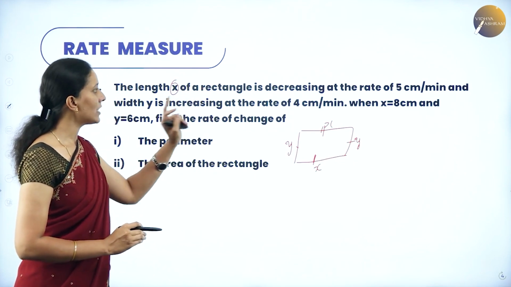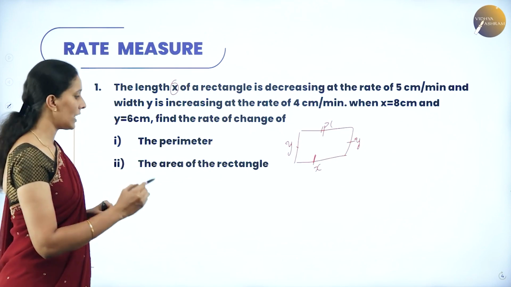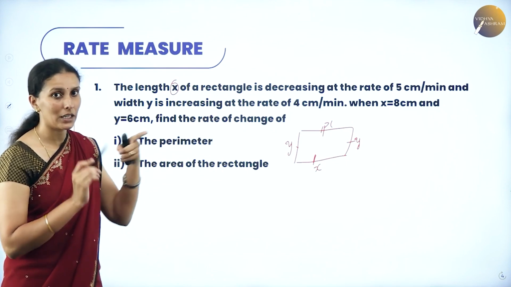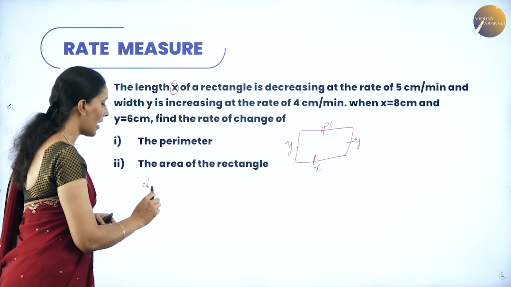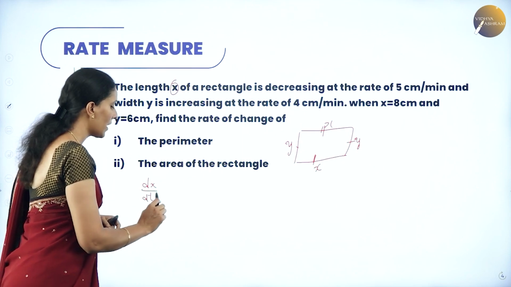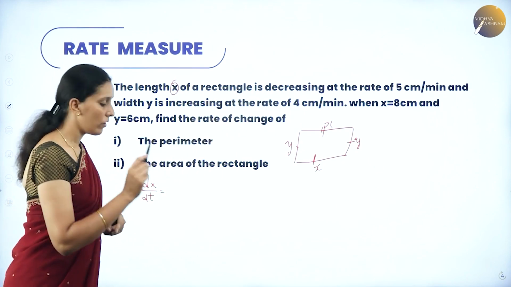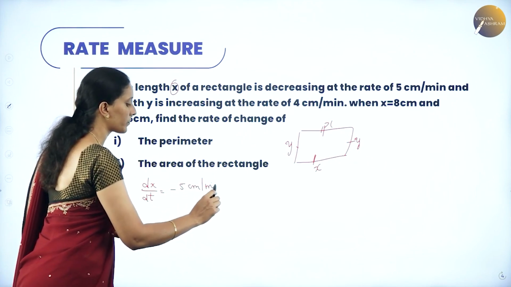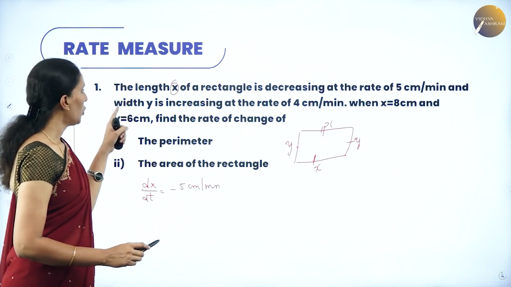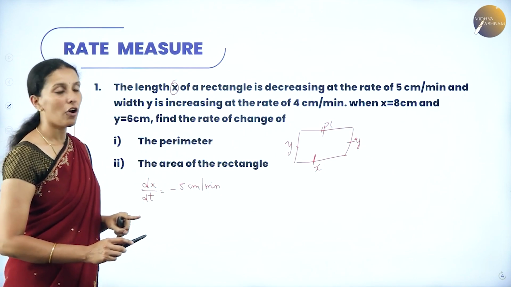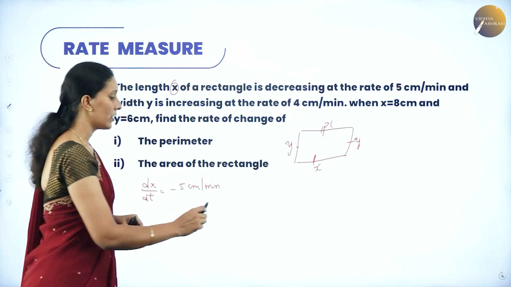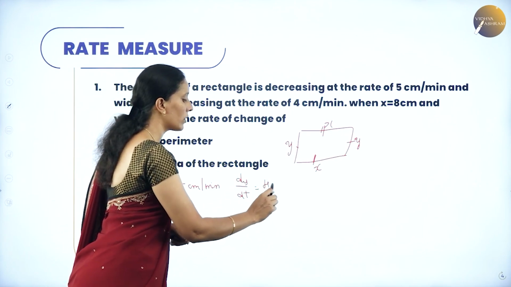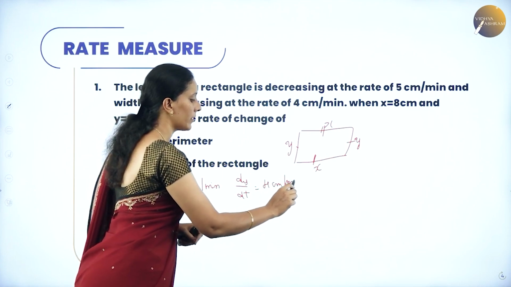The length is decreasing at 5 centimeter per minute, which means there is a change in length with respect to time and it is decreasing. So we write dx by dt is equal to minus 5 centimeter per minute. Next, width y is increasing at the rate of 4 centimeter per minute. So we write dy by dt is equal to 4 centimeter per minute.